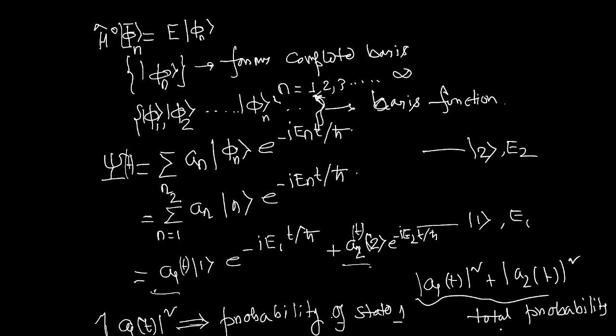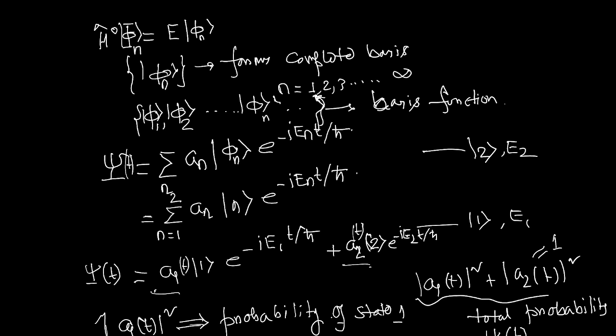If I denote it as psi t, then it is the total probability of the wave function psi t. How is this? It is equal to 1. If it is a two level system with nothing else, this value must be 1.